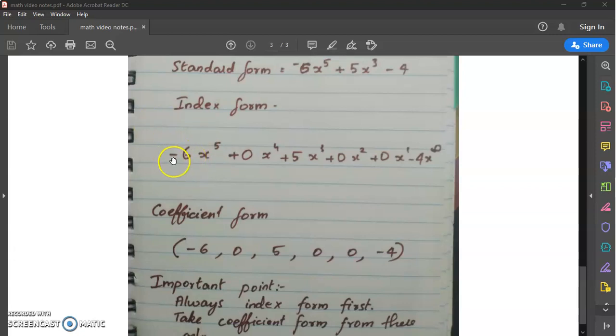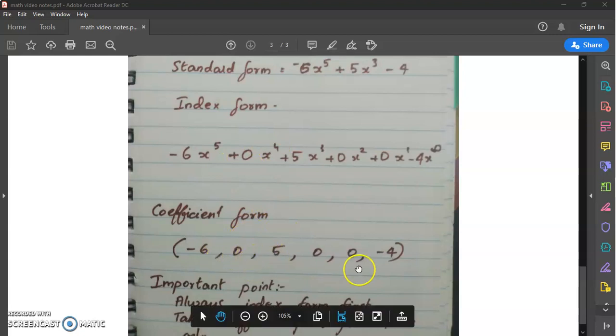We learned that in the first lecture, and this is something you will use your whole life. You're just writing the coefficients down, separated by commas, inside a bracket.